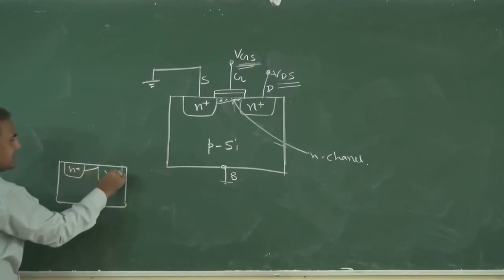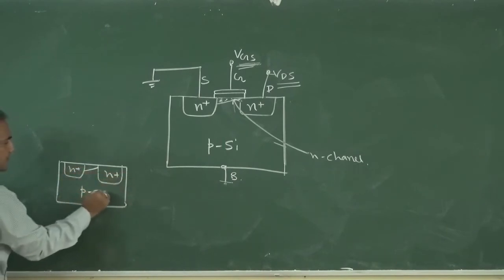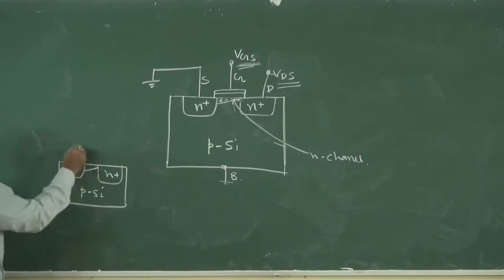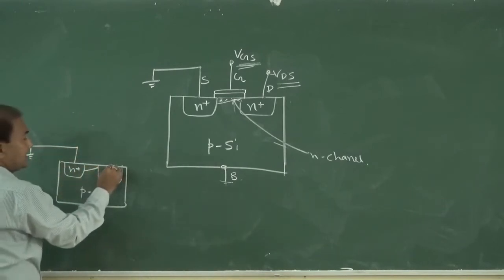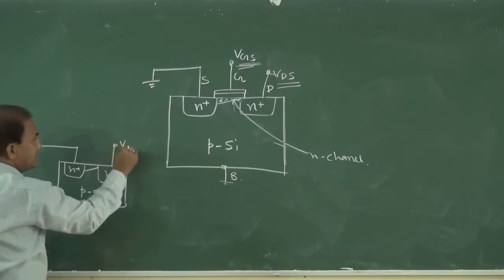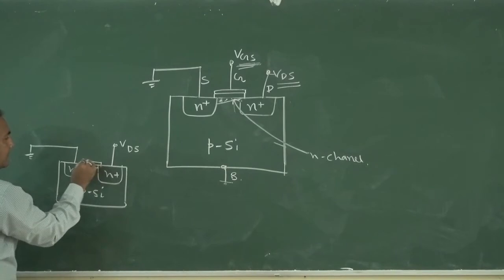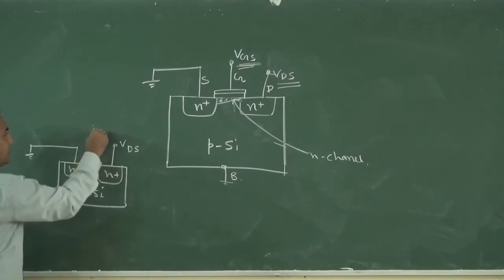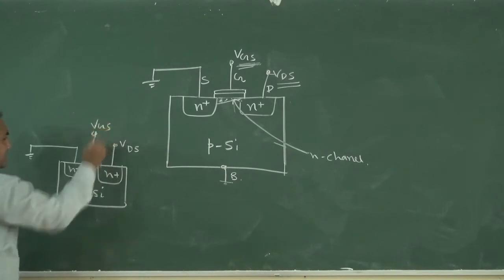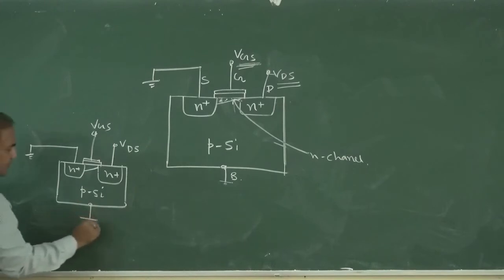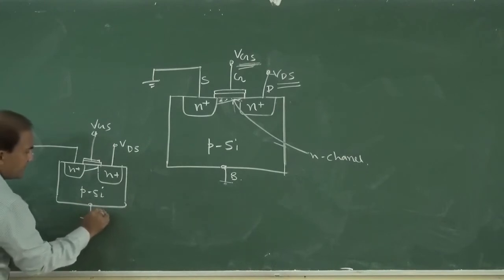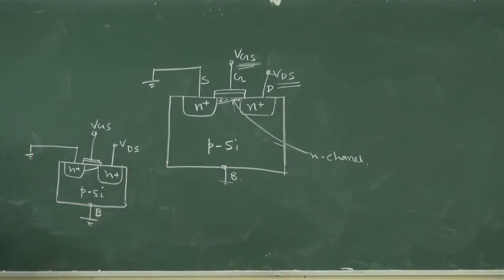This is N plus, this is N plus, this is P-type silicon, and it is connected to ground, and it is VDS. If you are increasing this VDS, and this is VGS, and it is connected to ground. This is body. Now what will happen?